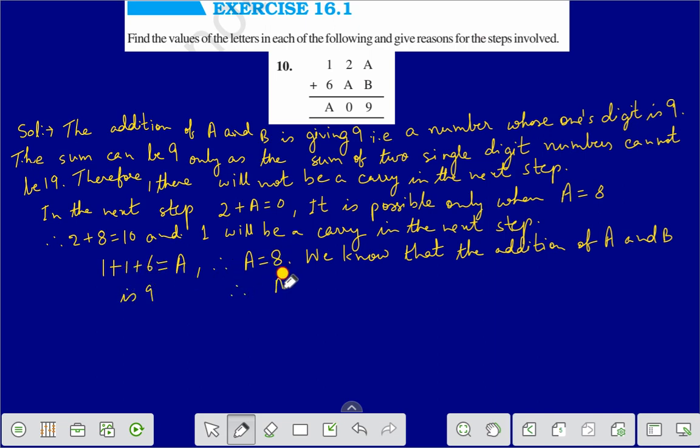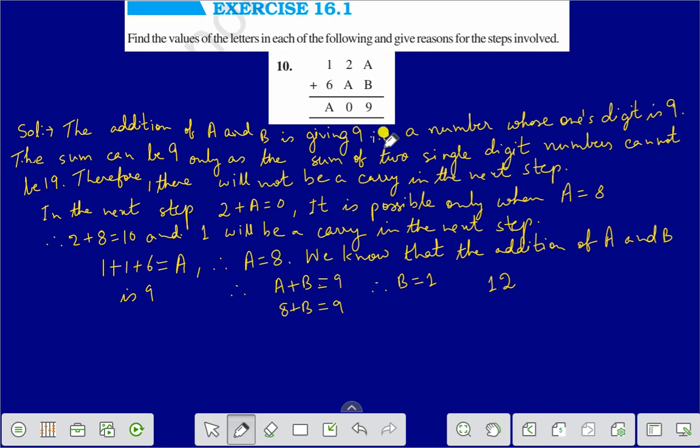Therefore, A plus B is equal to 9. Since the value of A is 8, 8 plus B is equal to 9. Therefore, the value of B is equal to 9 minus 8. The value of B is 1.